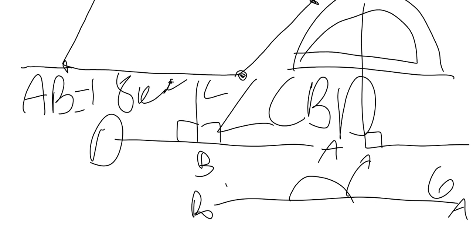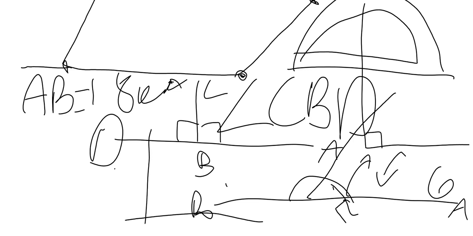Oh yeah, supplementary and complementary. This is a supplementary angle. Supplementary angles always add up to 180. This is a useful tool. And complementary angles, on the other hand, add up to 90.